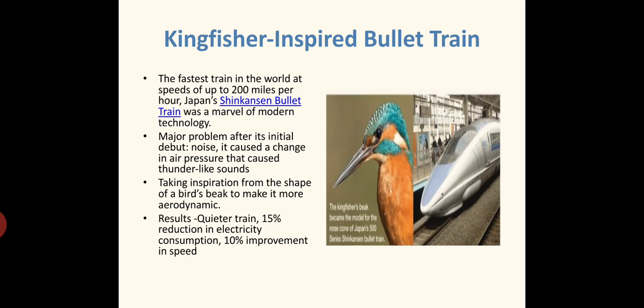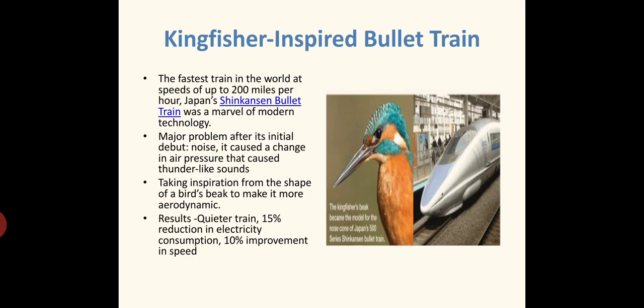What is the advantage? This bird flies from a very great height. In a fraction of a second, it moves towards the water to pick the fish from the water, so it has to move at a very high speed. Due to the shape of that nose and head, it is practically possible to move at a very high speed. The same technology they adapted in the case of the train.